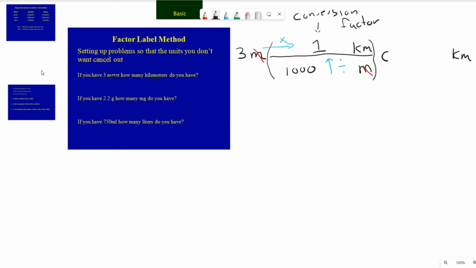And that's going to give us 0.003. So 3 times 1 and then divide it by 1,000. And if you need to, go ahead and use a calculator for it. It's not like you have to do this in your head. So 3 times 1 gives you 3. And then take 3 and divide it by 1,000, which gives you 0.003. So 3 meters is equal to 0.003 kilometers. That is the way to do the factor label method.